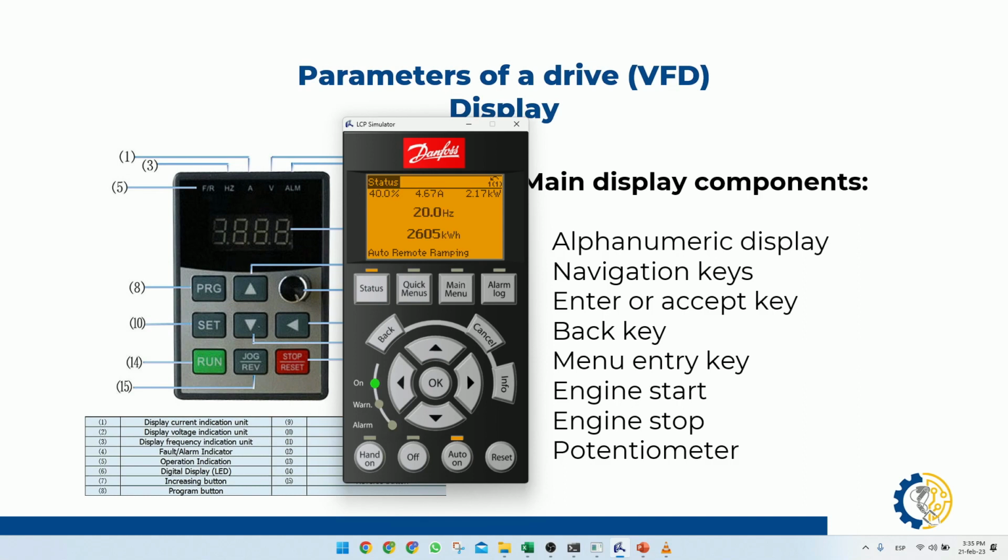So we have the back key, or the U-turn, like on a cell phone. Basically the same thing as a cell phone. When you want to go back to your previous menu, that's the back key, which is this one. Now here, I'm not sure if it's this one or the stop key, but it should be one of those keys.